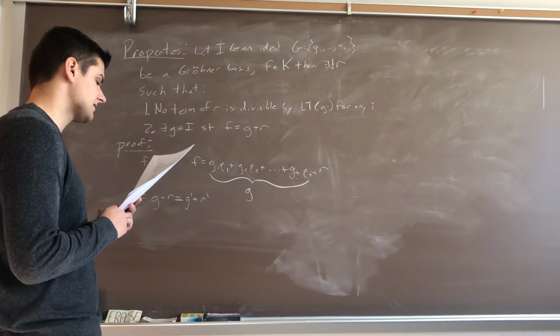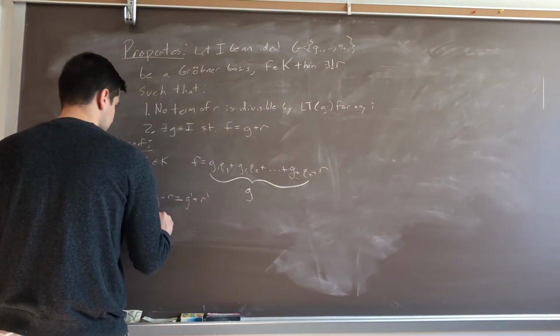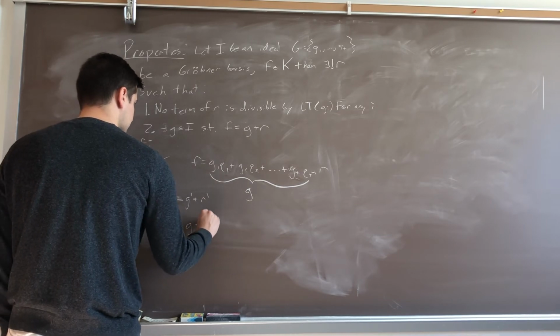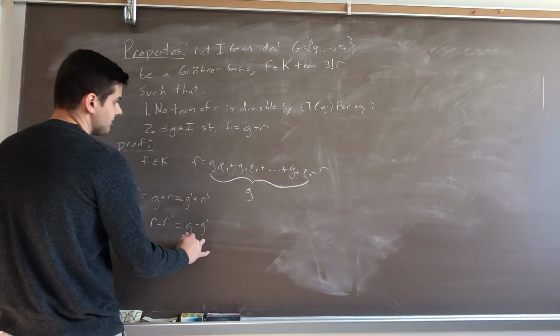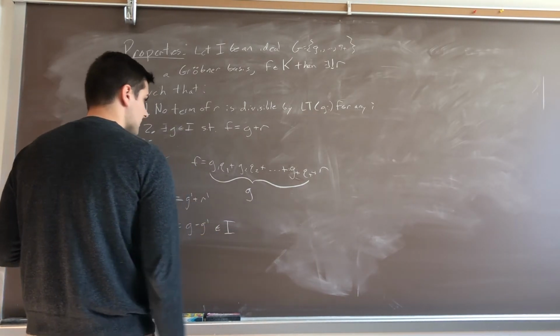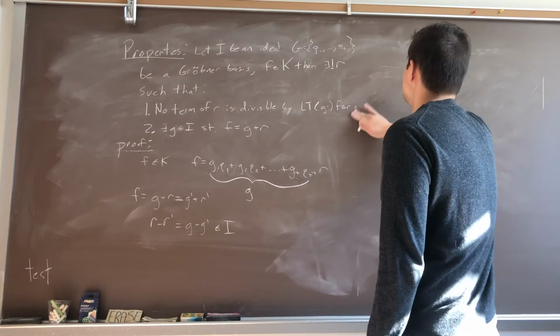And this tells us that R minus R prime equals G minus G prime, and G minus G prime, since G and G prime are both in I, is in I. So now we have that this R minus R prime is in I.